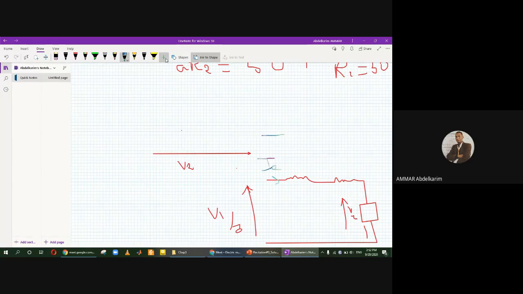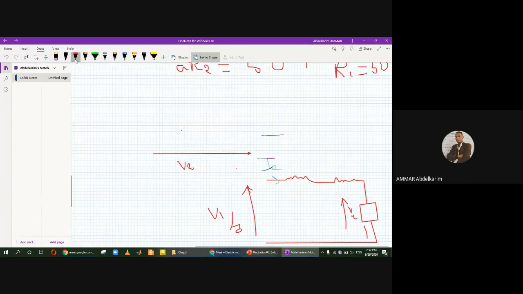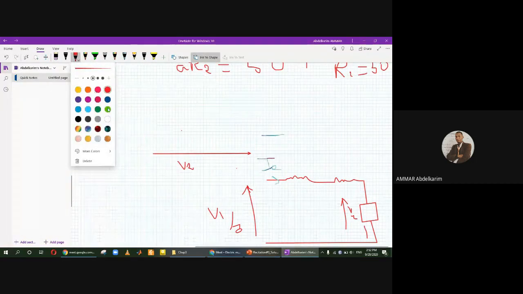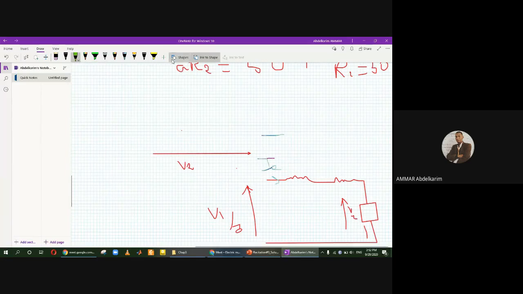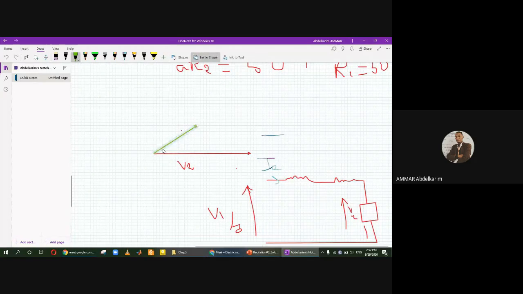It may be different from the angle of the impedance, for example. So let's choose another color. This is the current, according to the angle of the current, which here is positive.